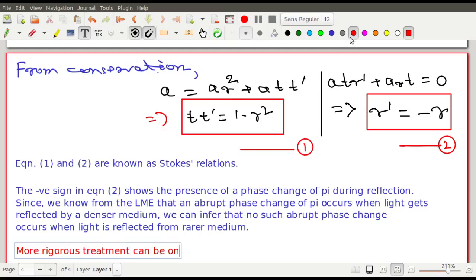Electromagnetic theory তোমাকে directly দেখিয়ে দেবে, there calculations are there which will show you that when light is reflected from rarer to denser, then only there is a phase change of pi, and when it reflects from denser to rarer, there is no phase change of pi. That will be pointed out properly during your classes of electromagnetic theory.